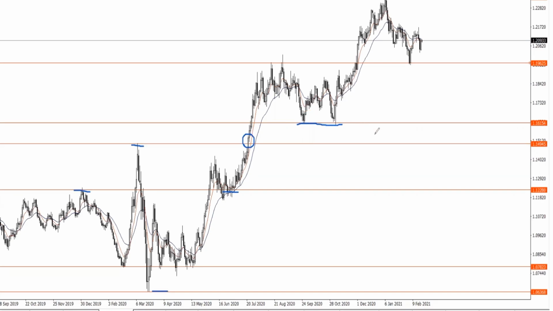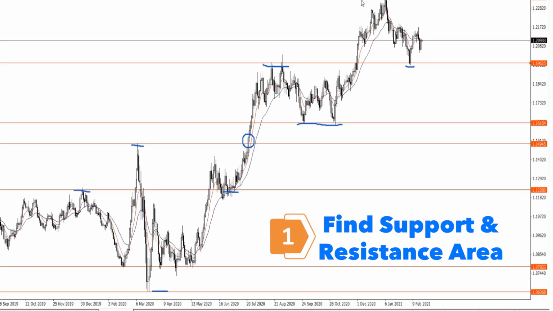I like this area, 116,154. You can see here we have multiple touch points around 119,625, now acting as support. And of course we have overhead resistance at 123,432. So that's the very first thing that I do, traders, is identify the relevant support and resistance areas.